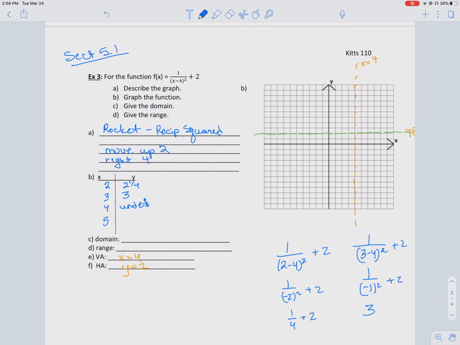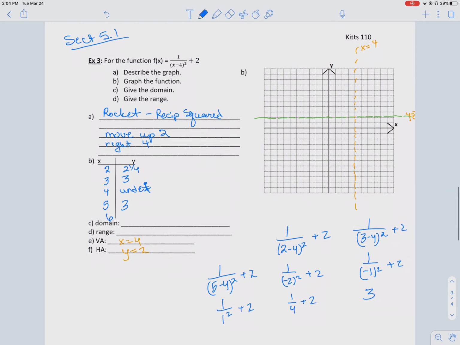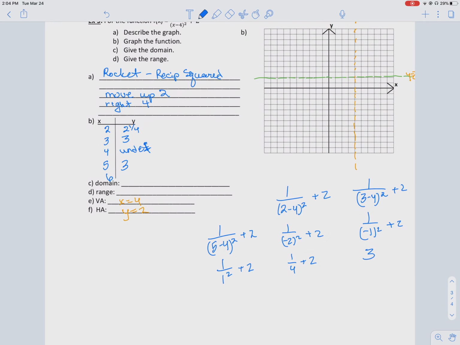Let's put in a 5. 1 over 5 minus 4 squared plus 2. So 1 over 1 squared plus 2, that's going to give me a 3. I might have to put in a 6 also, just so I have more than 1 point on that other side. 1 over 6 minus 4 squared plus 2. 1 over 2 squared plus 2. So that's 1/4 plus 2, or 2 and a fourth.